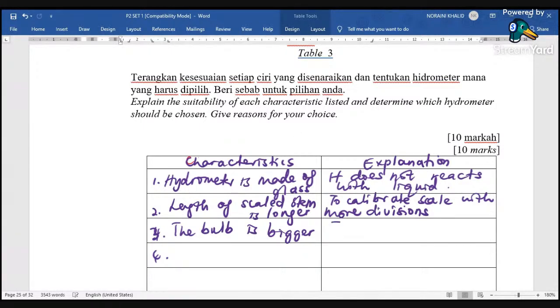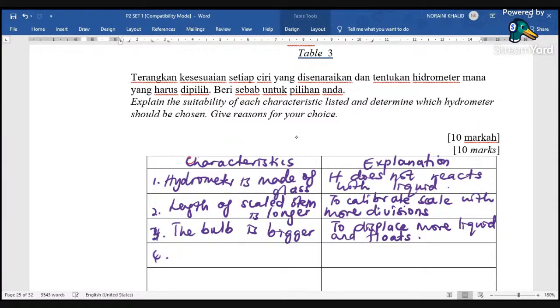Okay, so this place more liquid and floats. So we want it to float so that we can read the scale.